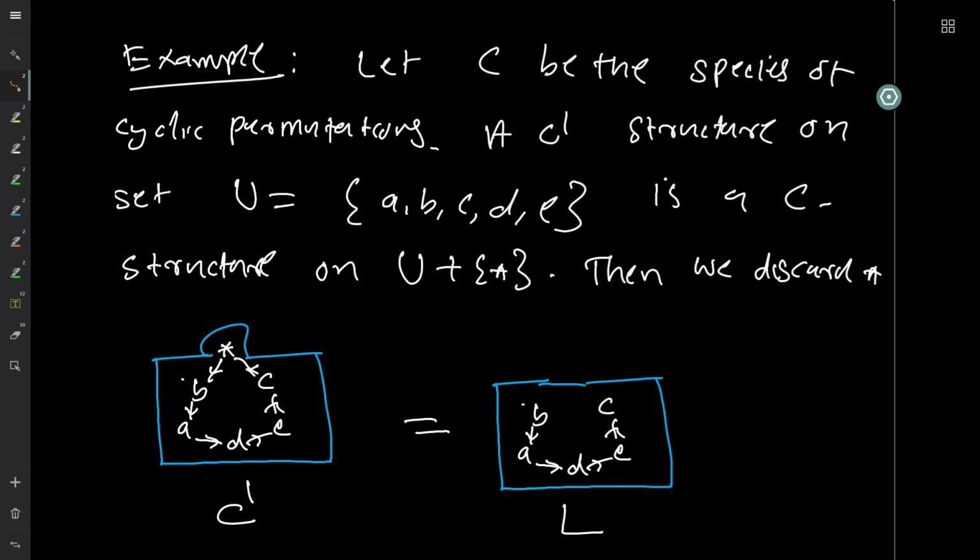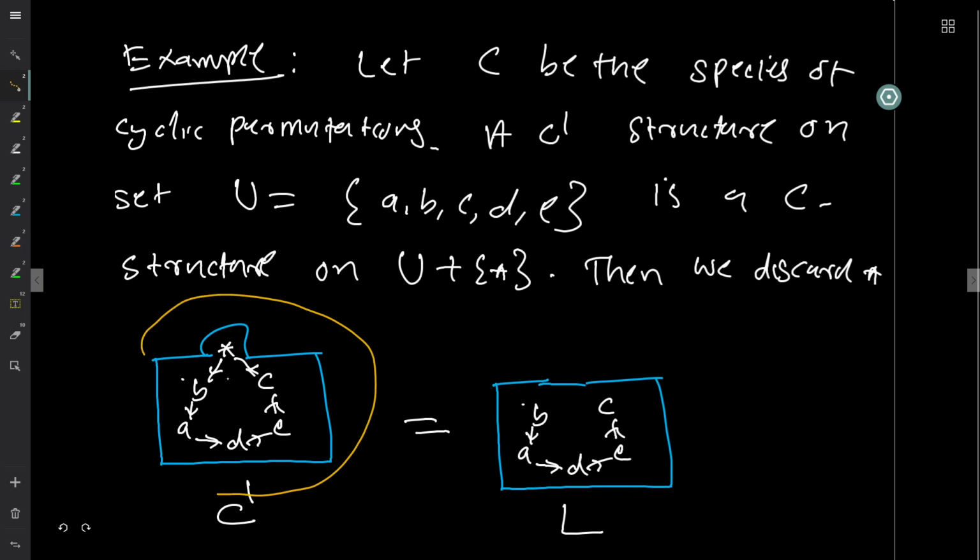Now here is a nice example. Let C be the species of cyclic permutations. Now we want to look at the derivative C dash. A C dash structure on U, let's say U is the set A, B, C, D, E, is, as we said, a C structure on U plus a new element star. So basically we are defining a cycle structure on A, B, C, D, E and star.